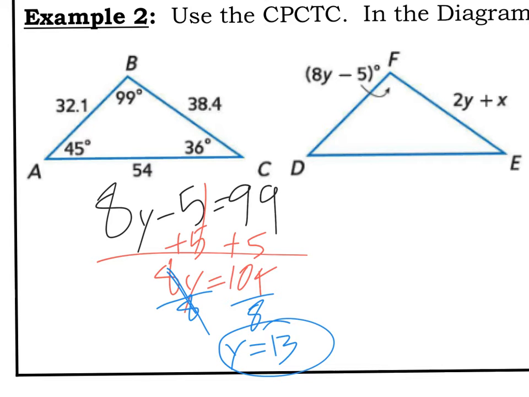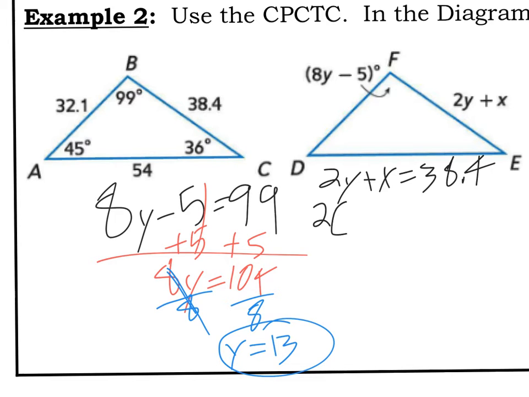Okay, so if y equals 13, then I just have to plug it in right here. And then what is it going to equal? Well, FE looks like it corresponds with BC, so that means I'm going to set it equal to 38.4. So I'm going to say 2y plus x equals 38.4. And then I know what y is.